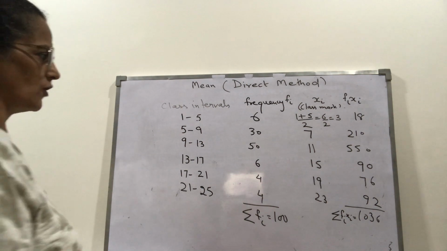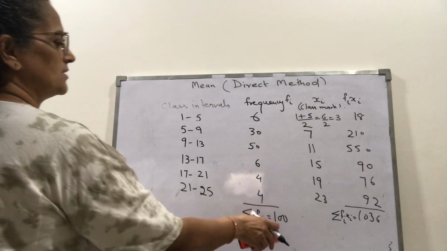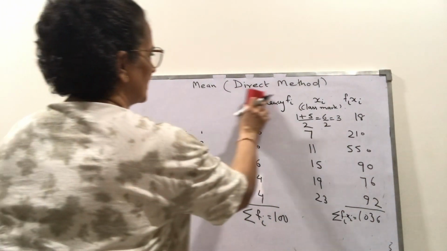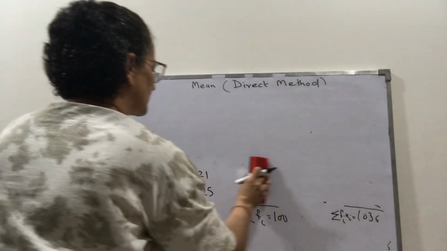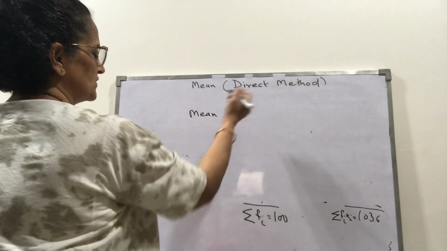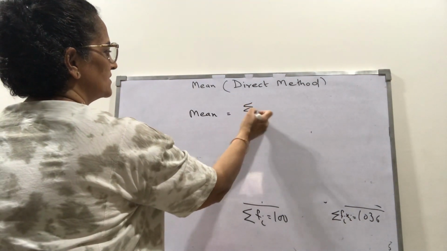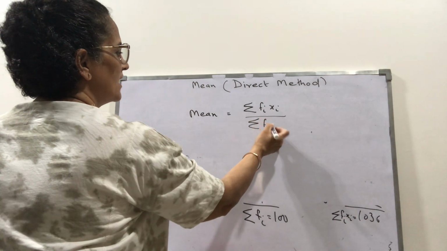Now let's write the formula. The formula for mean using the direct method is sigma Fi Xi upon sigma Fi.